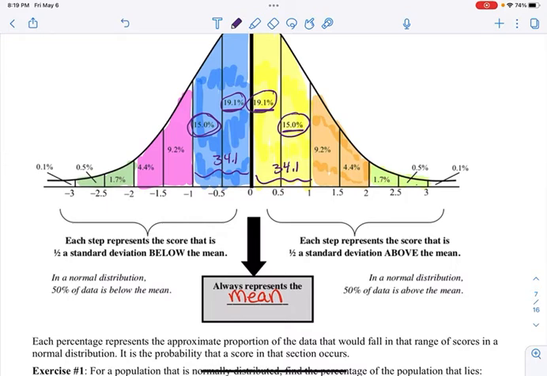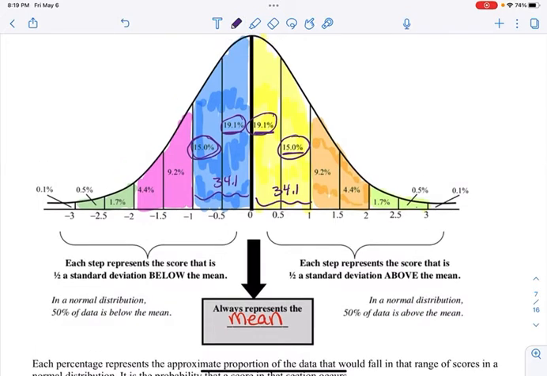So we're going to write that down below. I just wanted to explain this normal distribution. In a normal distribution, half the scores, or 50% of the data, is below the mean and 50% of the scores are above the mean. All right? So a lot of times you can go by halves. A lot of times we're going to go by 1 standard deviation, 2 standard deviations, 3 standard deviations.